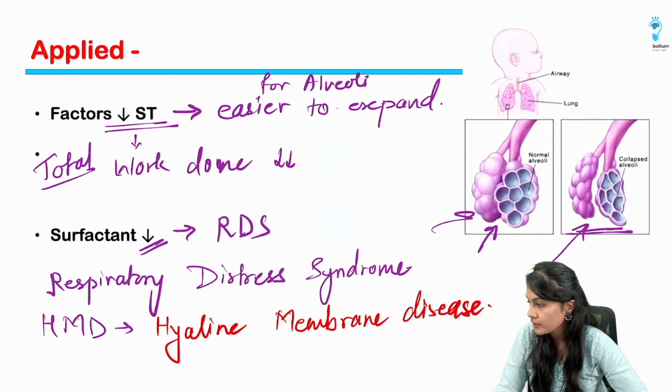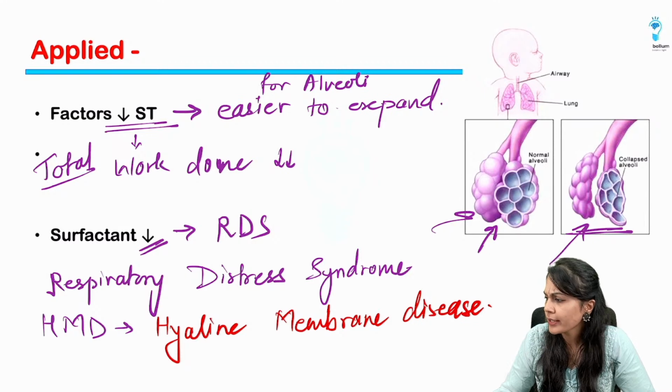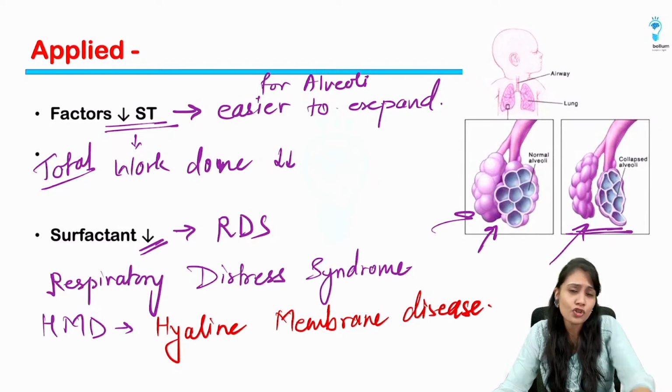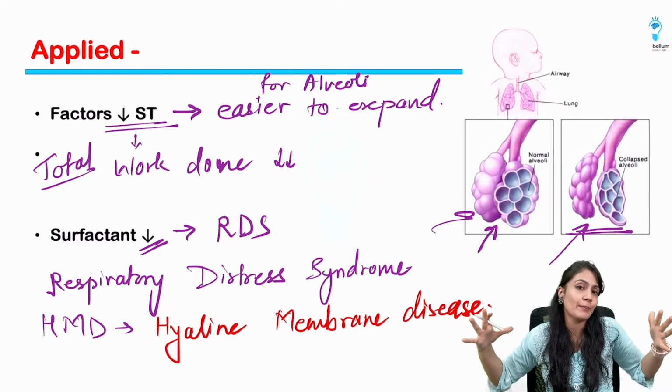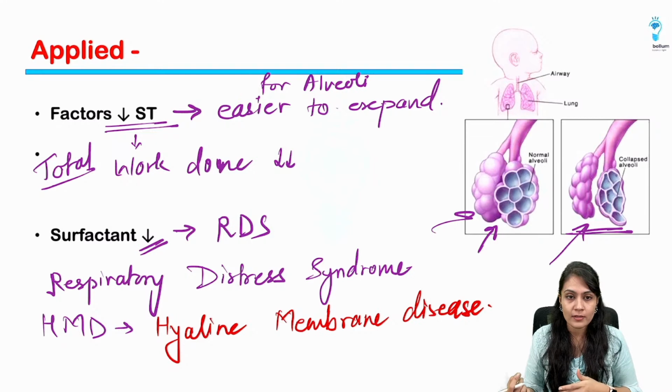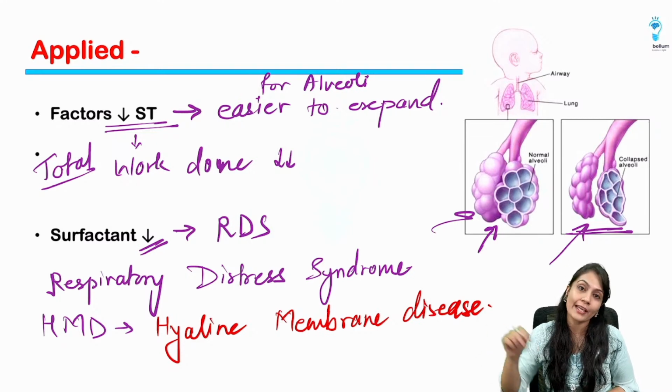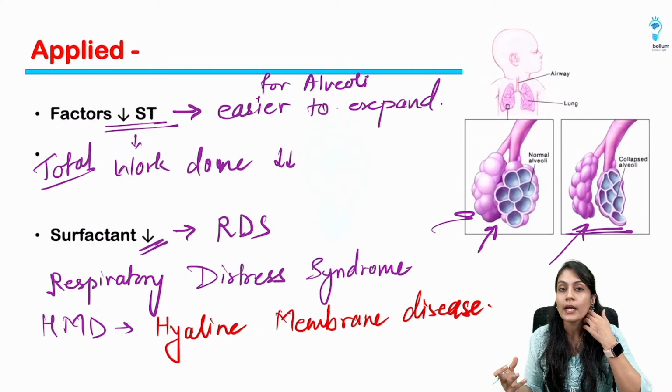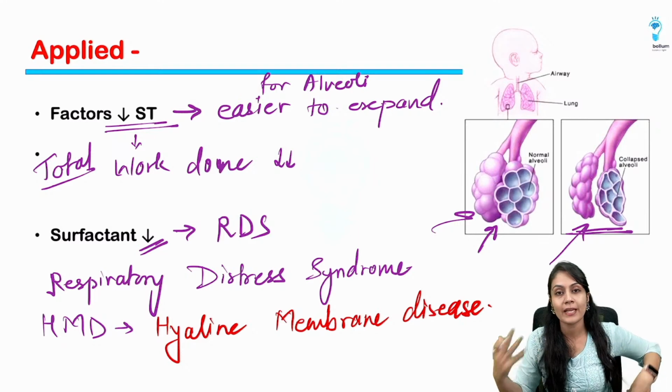Neonatal respiratory distress syndrome happens just after the birth. There is not much time left for the baby, right? So this is also known as ARDS or HMD. ARDS is acute respiratory distress syndrome. In a short amount of time, this will be exaggerated.